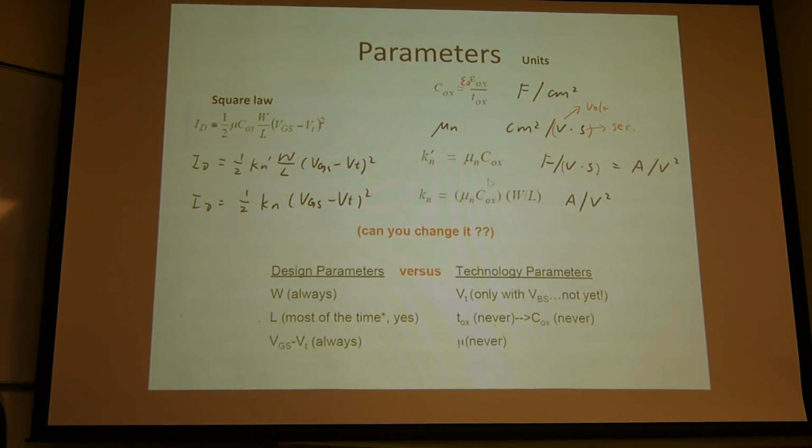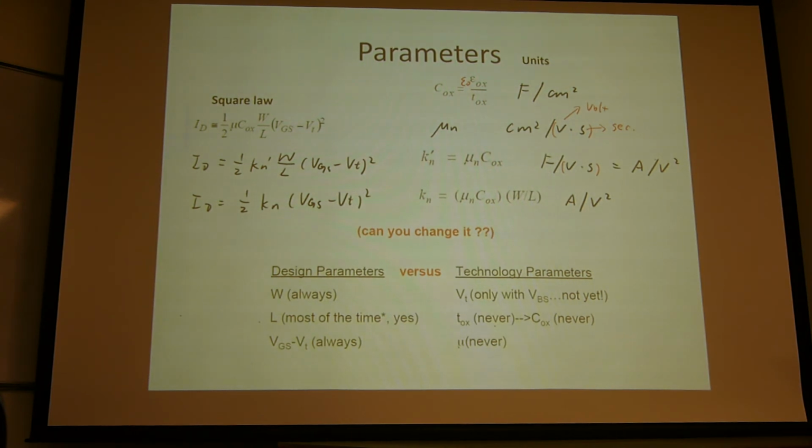Okay, so the question here, if you look at this equation, is, can you change those parameters? If you design the transistor, can you change them? Depending on your role or your job, whether you are a circuit designer or a device engineer, the tuning knob will be different.